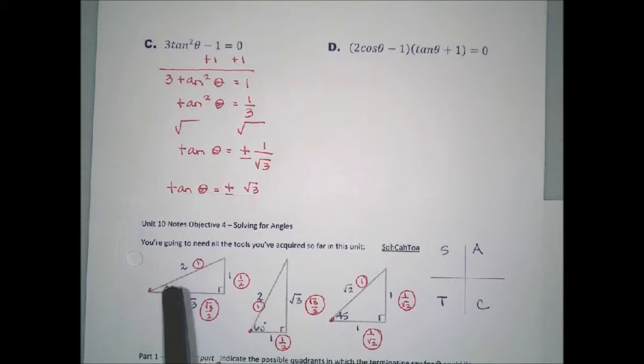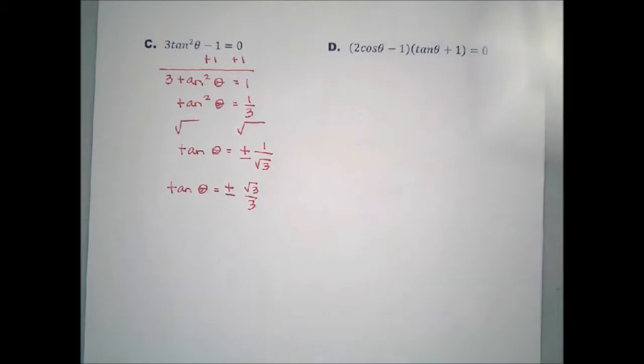Here's the 30-degree reference angle. And tangent is opposite over adjacent. So in its unrationalized form, it's 1 over root 3. And then if you rationalize that, it's root 3 over 3. So the reference angle is 30 degrees.